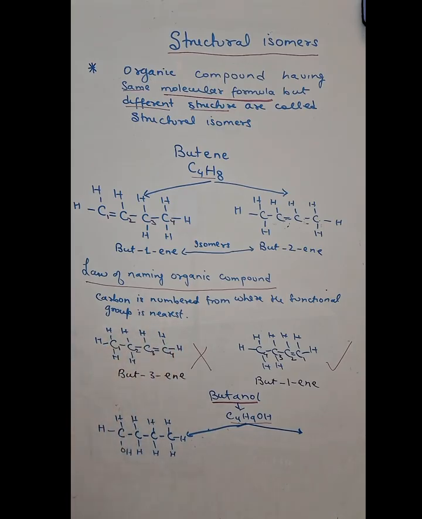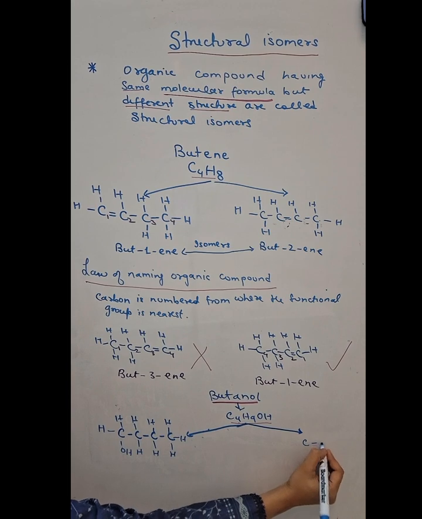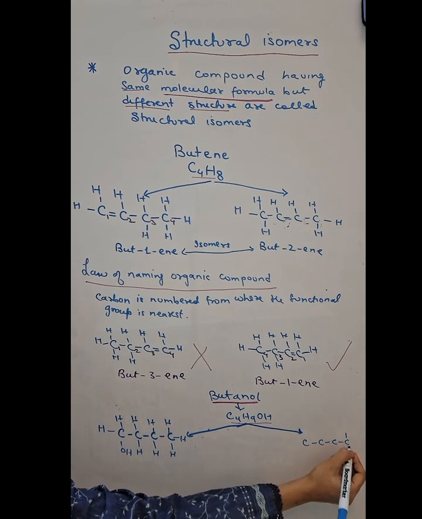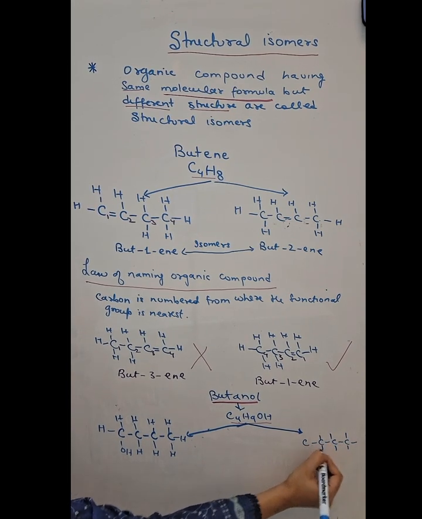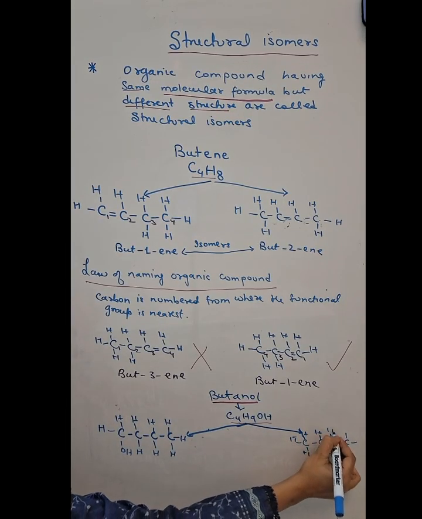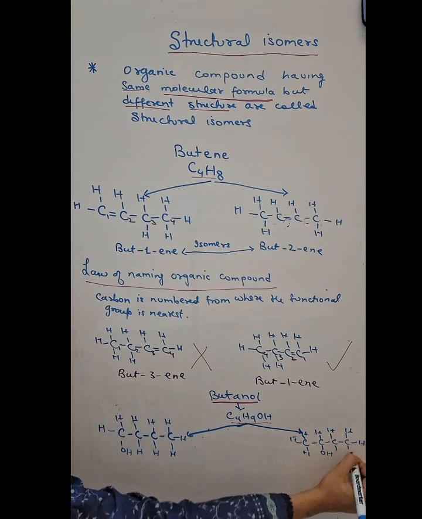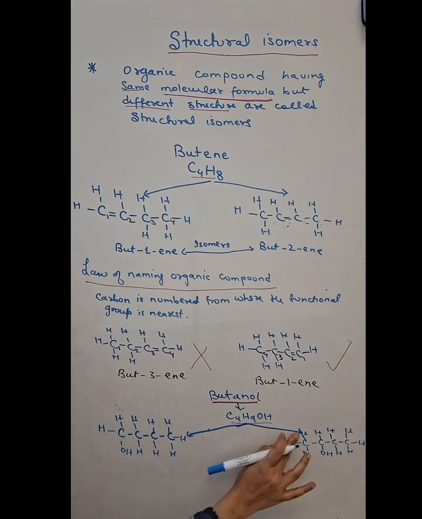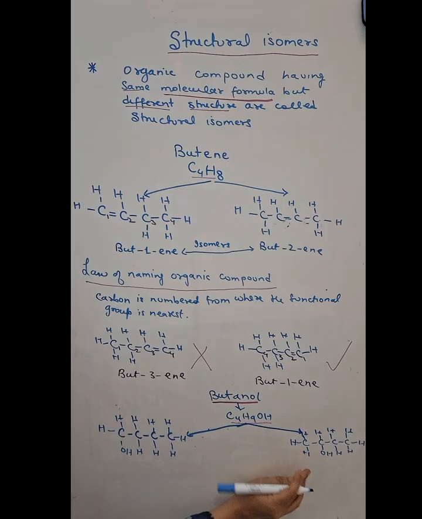From the above example, butene, you know that I will only change the position of OH. So the second structure of butanol is 4 carbon with 9 H and 1 OH. You see, I only changed the position of OH from here to here.